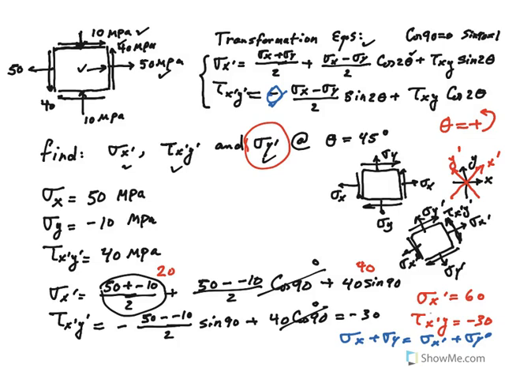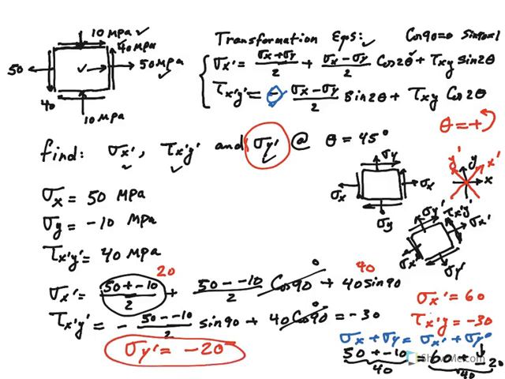So if sigma x is 50 and our sigma y is -10, the sum has to be 40. So look, if our sigma x prime is 60, what should sigma y prime be? -20, because we want to get it to be 40. So that's how we get our sigma y prime to be -20.